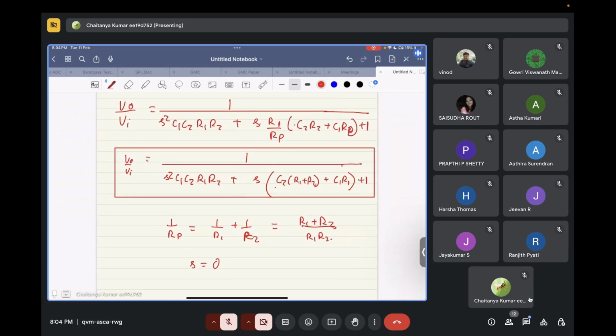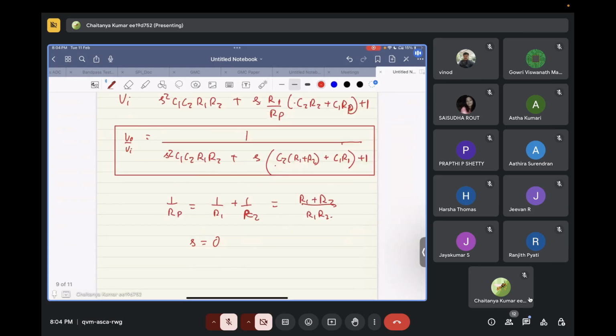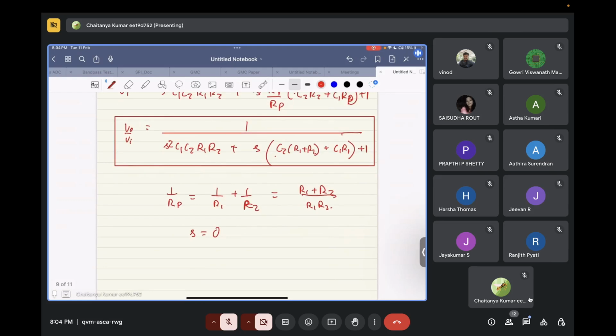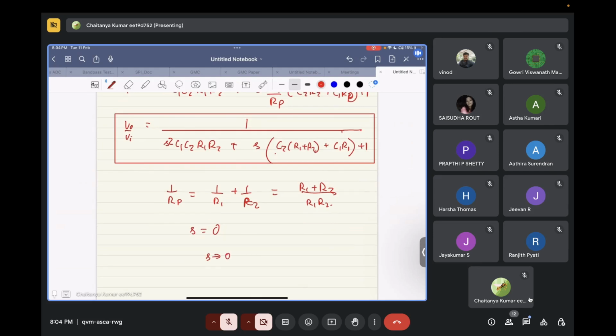Now, once this is verified, what will happen if the frequencies are very small? If s is tending to 0, that means at very low frequencies, which term out of these can be neglected?